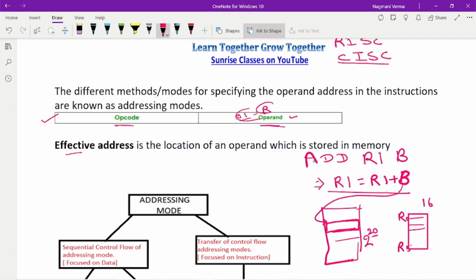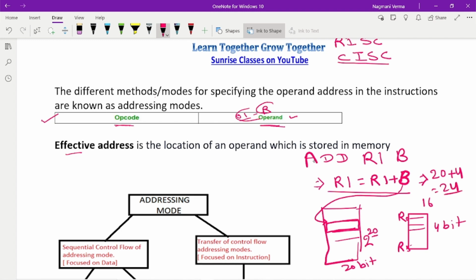And R1 is one of 16 registers, so there we need only 4 bits, and here we need 20 bits to represent the address. So the instruction length will be 20 plus 4 equal to 24.